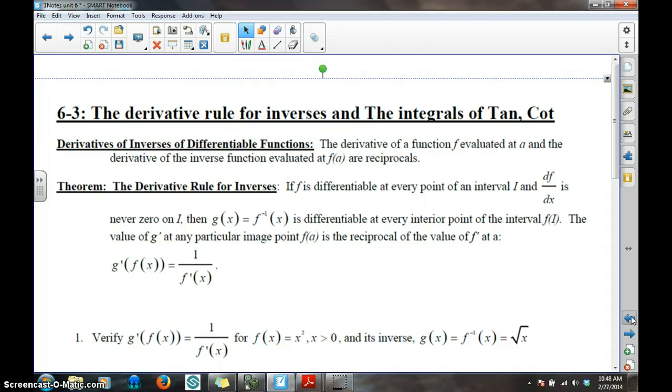Now what I'm going to do is prove to you that it does work by doing one or two of these things. And then I'm going to give you a step-by-step, this is what you're going to do. The biggest thing you need to know is, if I'm going to do my little trick where I don't find the inverse and then derive, but rather derive and then invert, flip it upside down, literally multiplicatively reciprocate it, I need to remember what they're giving me in terms of a number here.